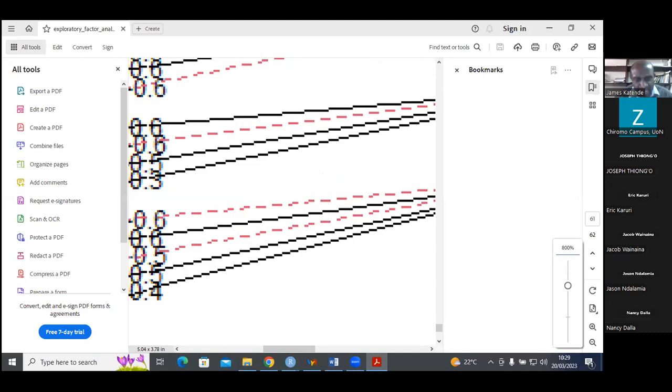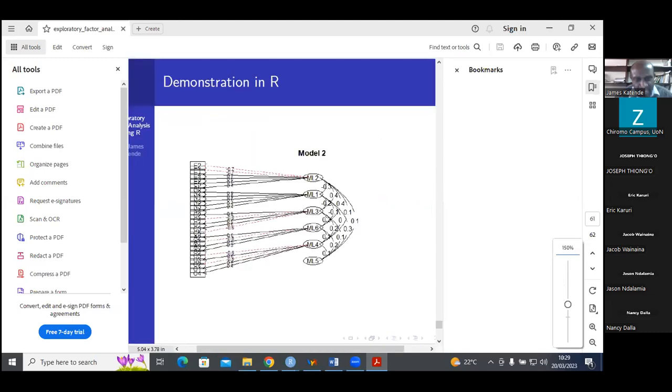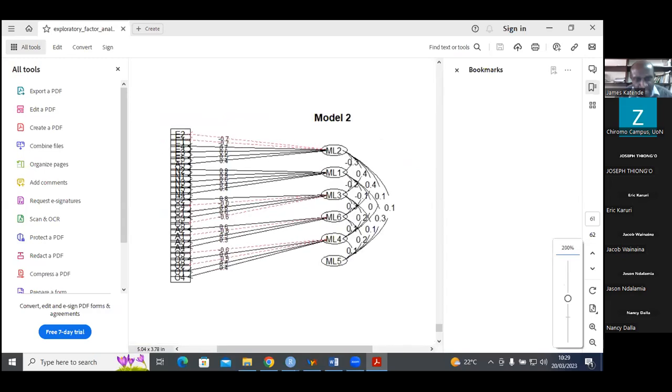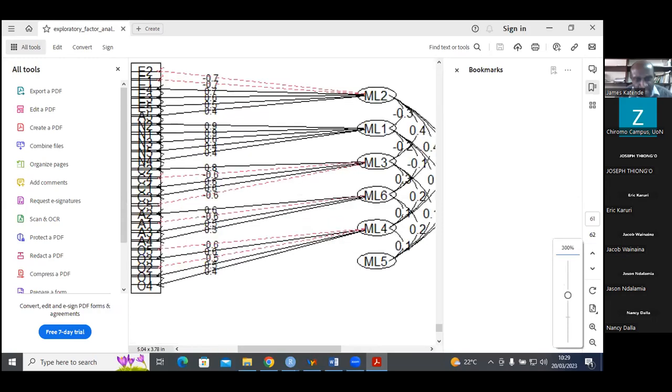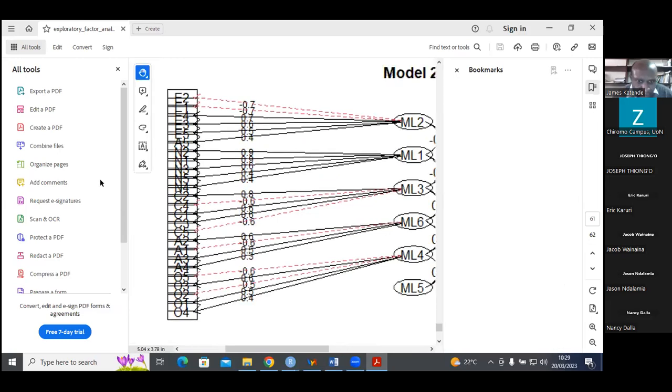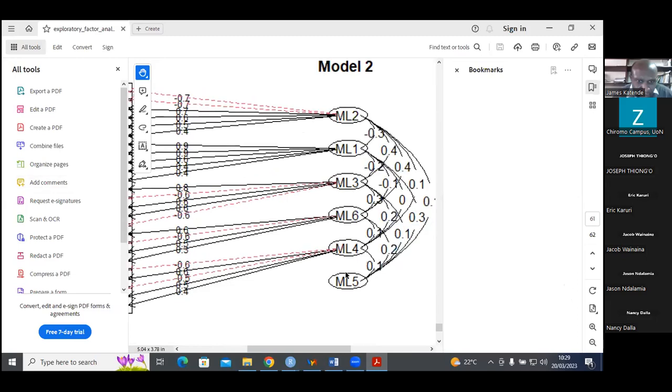You can see extraversion seems to be all grouped together in one factor. Neuroticism is sort of in one factor. Conscientiousness, agreeableness, and openness, they all seem to be in one factor. So we ended up with 6 factors, but only 5 were picked up. 5 were connected to the different variables.